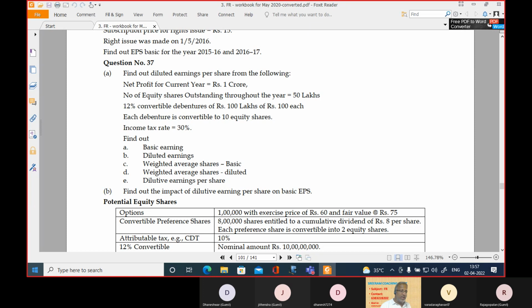So they are asking to find out diluted earnings per share. Net profit for the year they have given. On income tax rate, when they have mentioned, what is the conclusion that we have to make? Whether the net profit is before taxation or after taxation. Before taxation, after taxation.